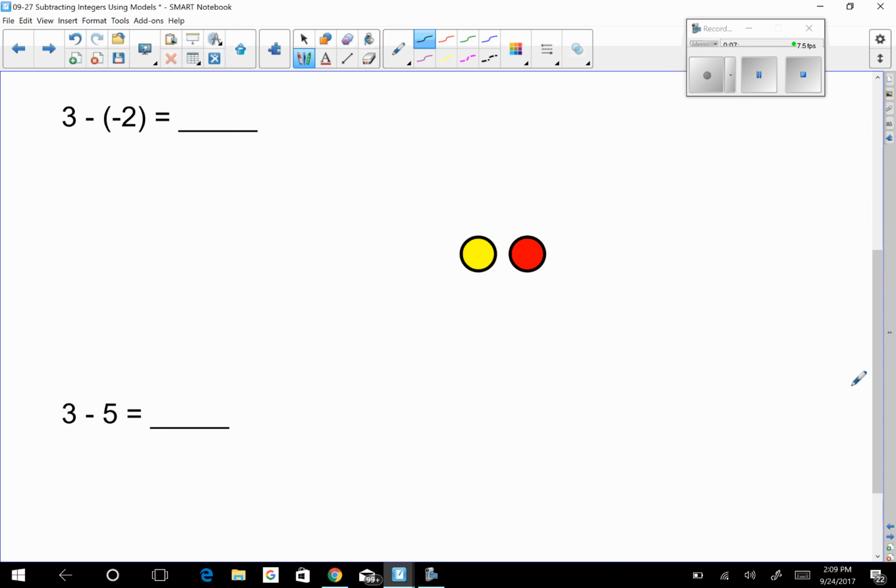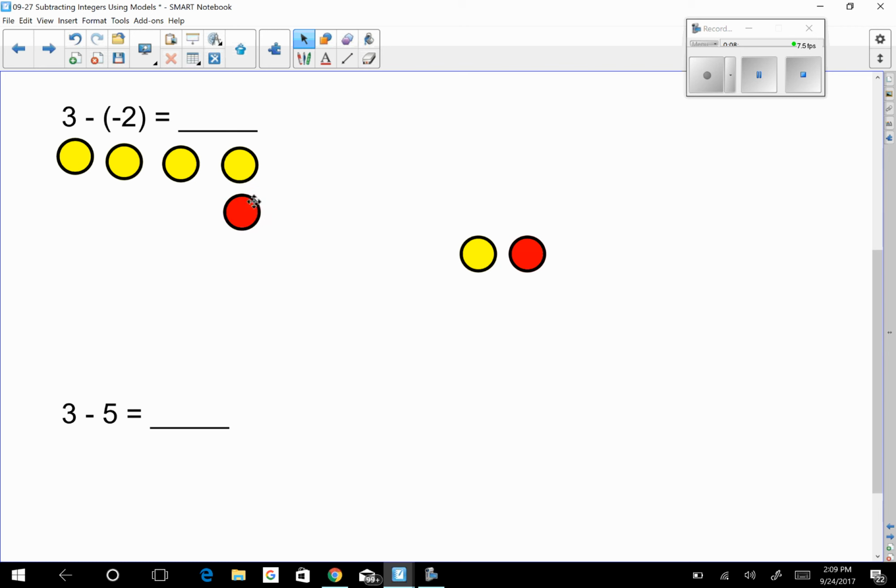And then a couple more examples here. 3 take away -2. We have to start with our group of 3. So 1, 2, 3. Here, I'm supposed to take away -2. I don't have 2 negatives to take away, so I have to bring in 2 0 pairs because that's going to bring in the 2 negatives without affecting what I actually have here.